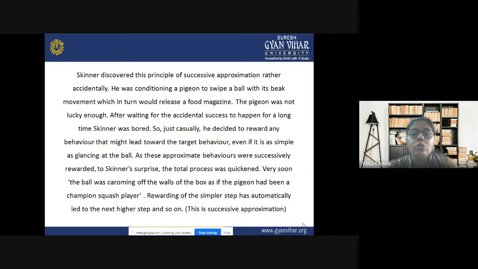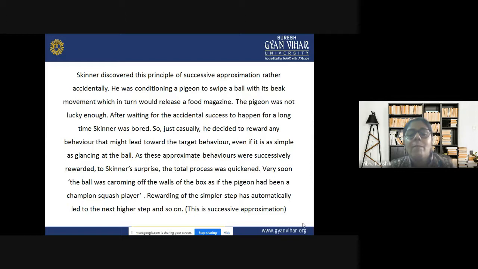So, just casually, he decided to reward any behavior that might lead towards the target behavior, the desired behavior, even if it is as simple as glancing at the ball.